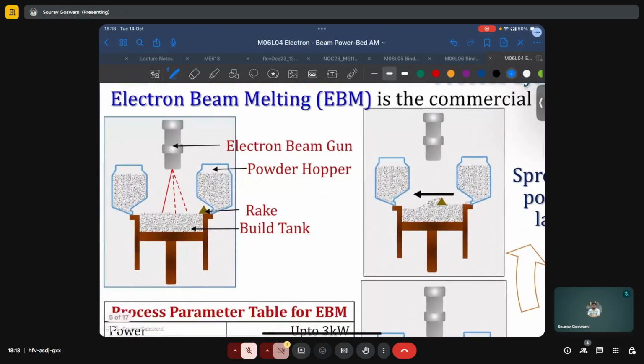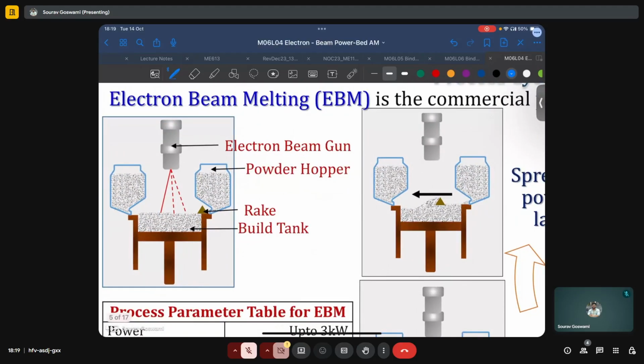As we were discussing, in this case, the powder delivery is accomplished from the top using powder hoppers, and we have a pair of powder hoppers, one on each side. Depending on the layer thickness that is desired, a sufficient amount of powder will be dispensed by these hoppers by some means, whether it is by vibration under the action of gravity or some other means.